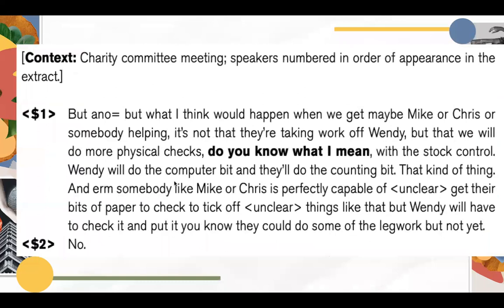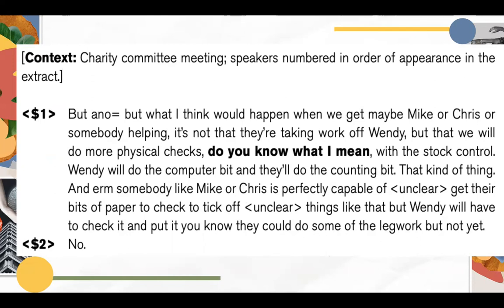But I know, but what I think would happen when we get maybe Mike or Chris or somebody helping, it's not that they are taking work off Wendy, but that we will do more physical checks. Do you know what I mean? With the stock control, Wendy will do the computer bit and they will do the counting bit, that kind of thing.